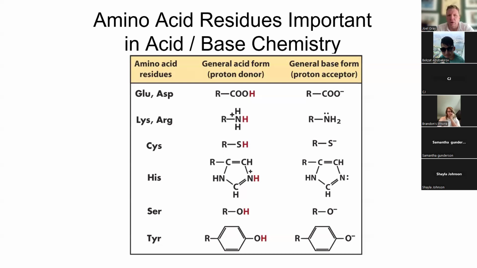Now, these are your amino acids that are most likely to participate in acid-base catalysis: glutamic acid, aspartic acid, lysine, arginine, cysteine, histidine, serine, tyrosine. These amino acids are your most likely candidates. Your least likelies are going to be your nonpolar residues. So this is a good list to be familiar with. And it's also super important to be able to either visualize them or draw them in a protonated or a deprotonated state.